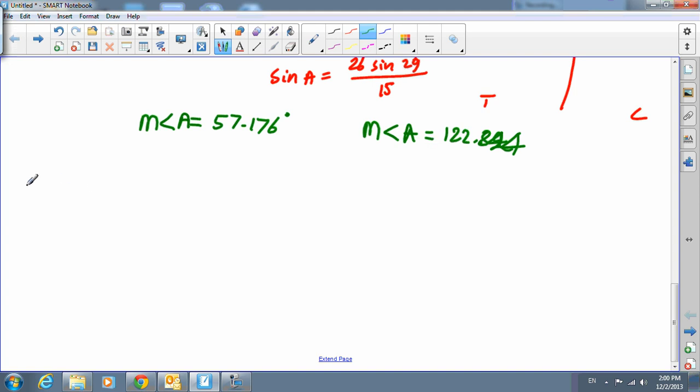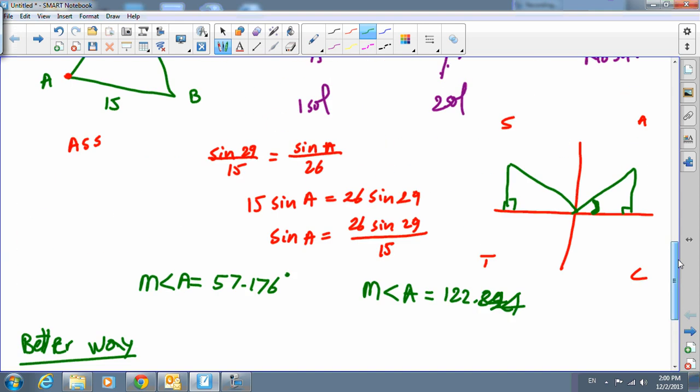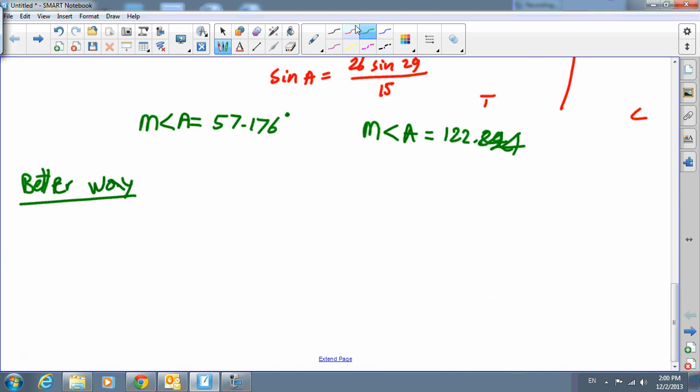So the better way is actually to use the law of cosine. If I use the law of cosine on this same triangle, I will say 15 squared is equal to b squared, that I don't know, plus 26 squared minus 2 times b times 26 cosine of 29 degrees.